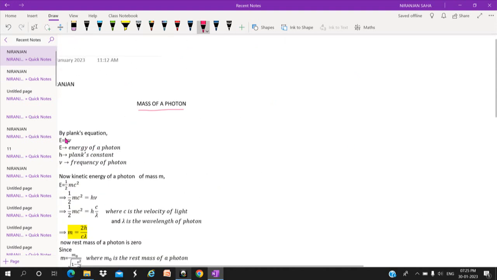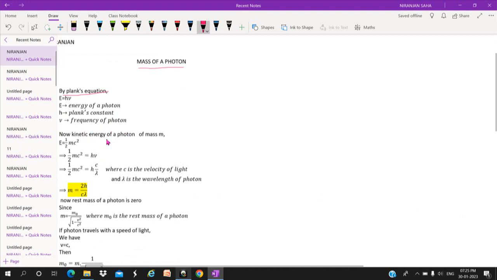Here by Planck's equation we know that E is equal to h nu, where E is the energy of a photon, h is Planck's constant, and nu is the frequency of the photon. Now the kinetic energy of a photon of mass m is E equal to half m c square, which implies that half m c square is equal to h nu.